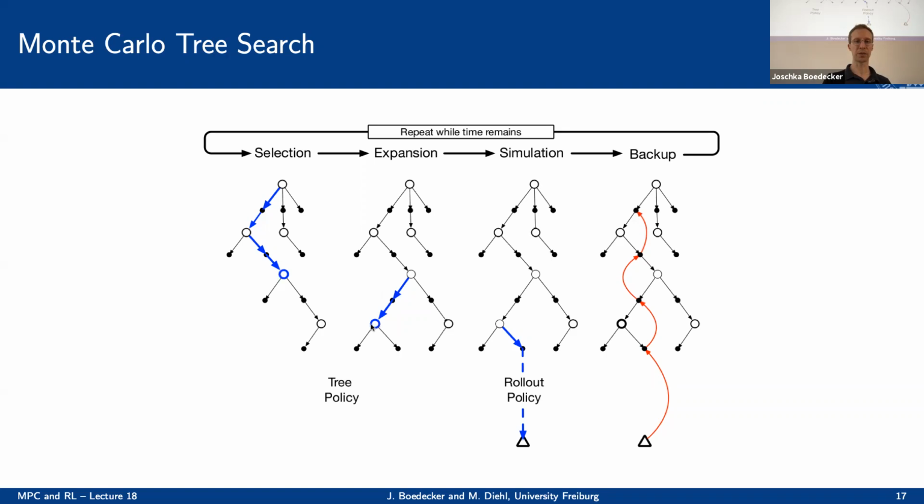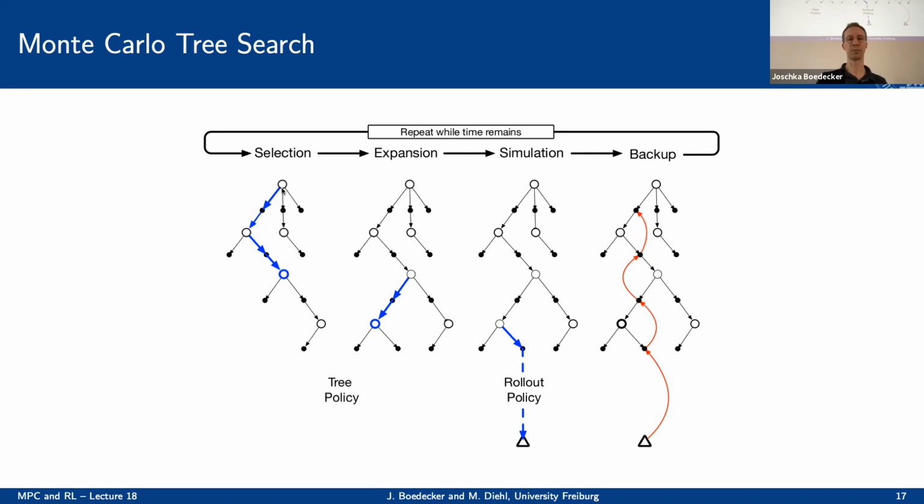So we expand our tree by 1 more node to the left here. And now this is a leaf node. That means we can now do a simulation. We just do a rollout with our potentially random policy. It doesn't necessarily need to be random, but it's often done in a random fashion. And then we just see where we end up, what will be the return at the very end. And that's a Monte Carlo return that we can then just back up to the Q values of the earlier nodes in the tree.